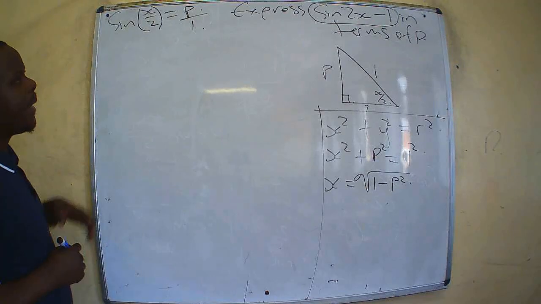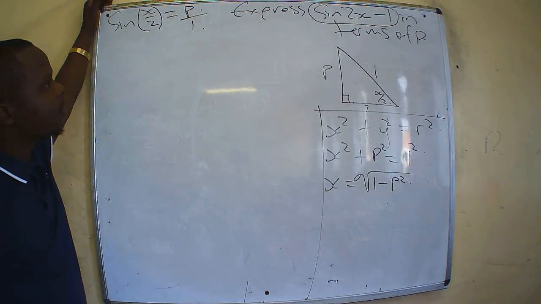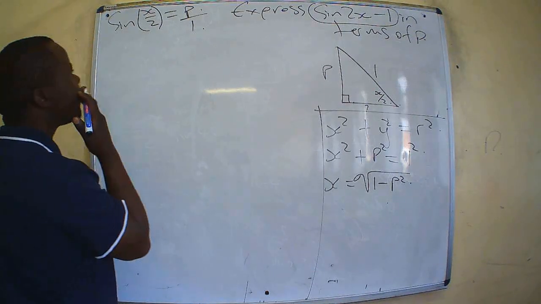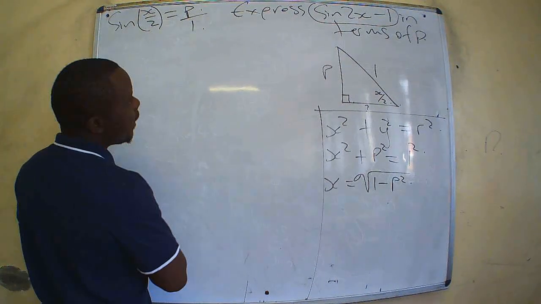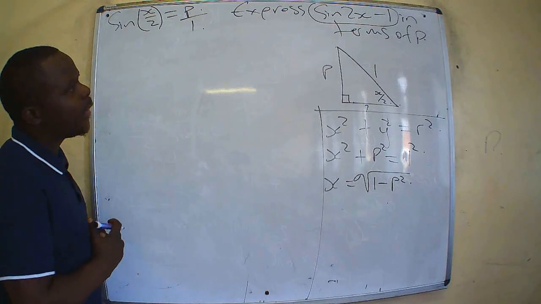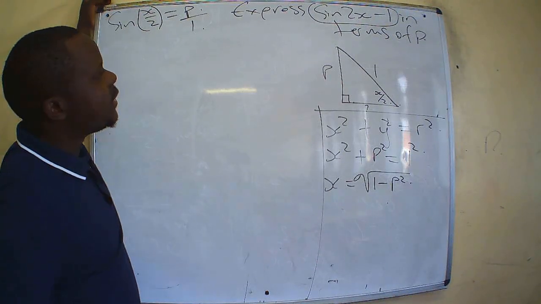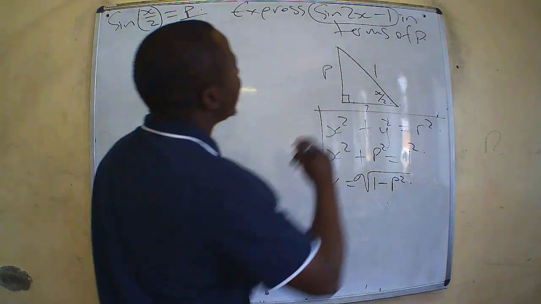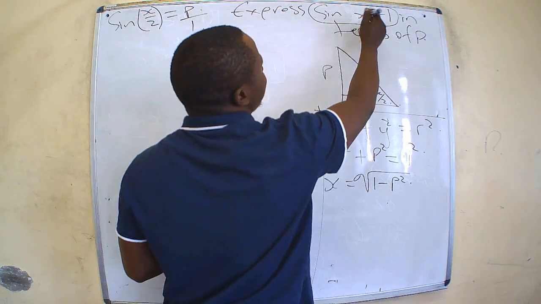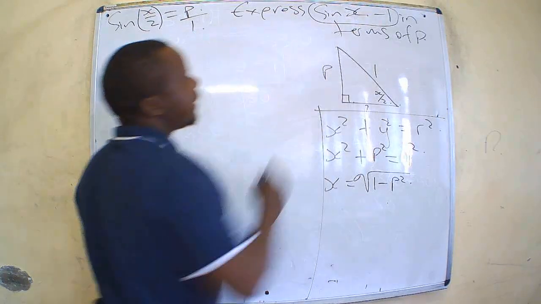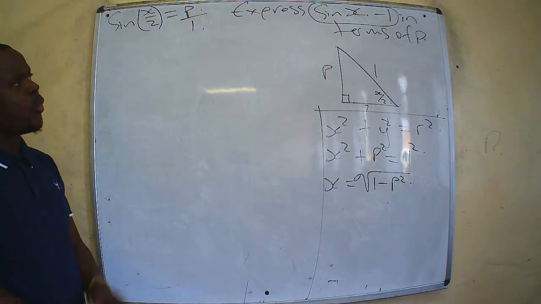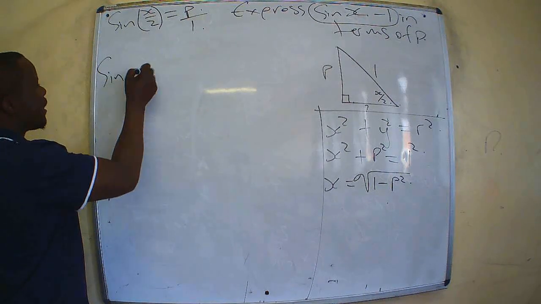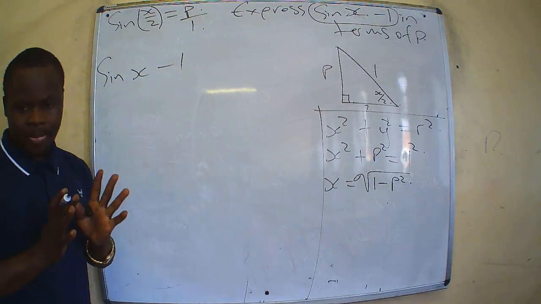So to express sine 2x minus 1 in terms of p, let us fix this: this is sine 2x minus 1, in terms of p.